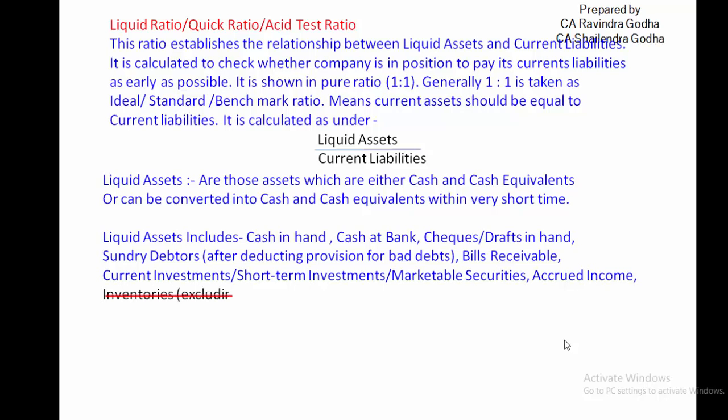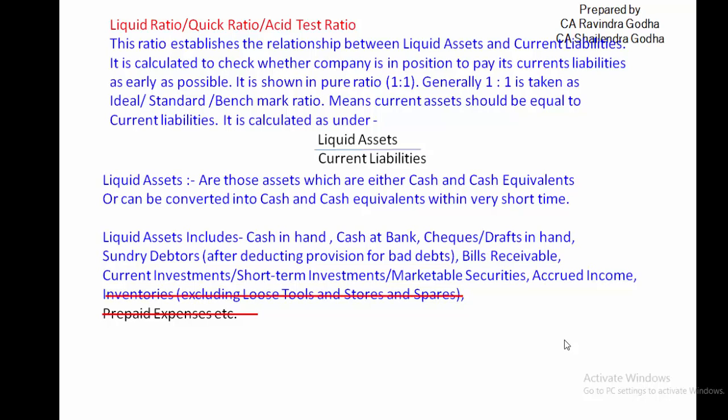But in liquid assets, inventories are not included because inventory takes time to convert into cash, and prepaid expenses are also not included because prepaid expenses are never converted into cash. So from current assets, when we exclude inventories and prepaid expenses, we get liquid assets.